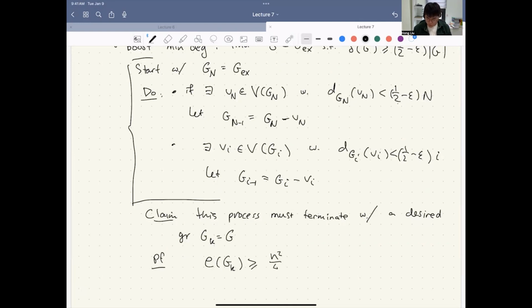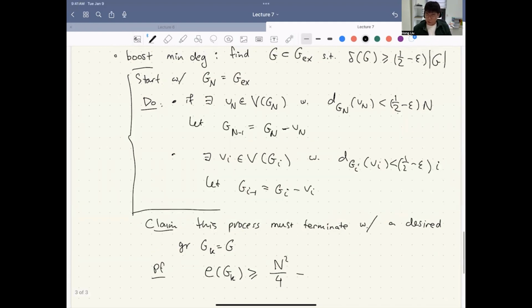We start with the number of edges in G_X, the extremal graph, which has at least n squared over 4 edges. And then every time we remove a vertex, we remove less than this many edges. So we subtract the sum from i equal to 1 to K of (1/2 - epsilon) times (N + 1 - i) edges.